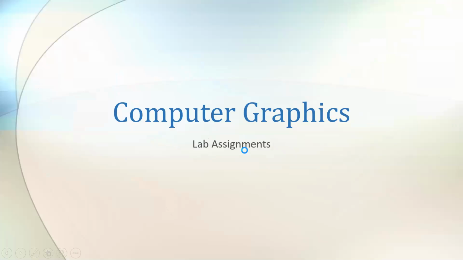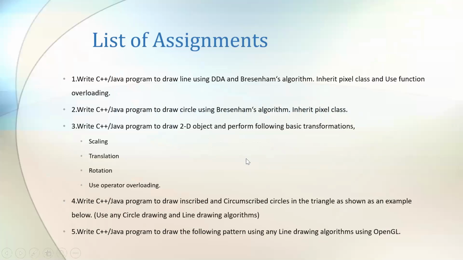These are the set of assignments we have already covered in the class. We have covered how to draw a line, and the second assignment was how to draw a circle.